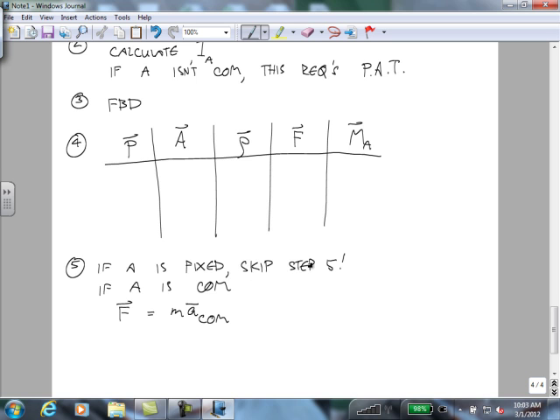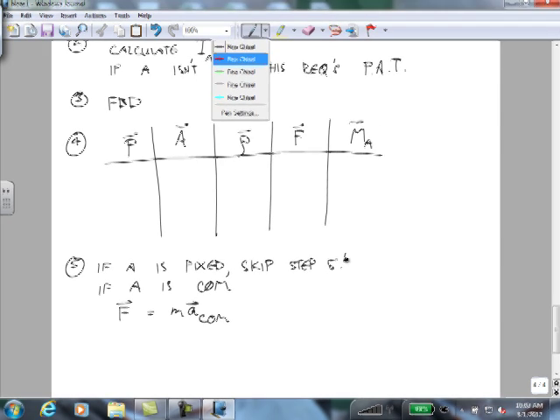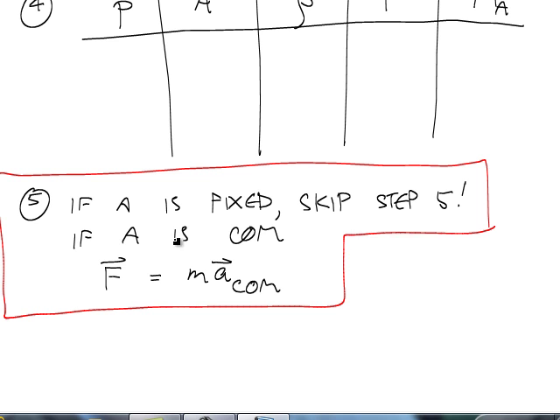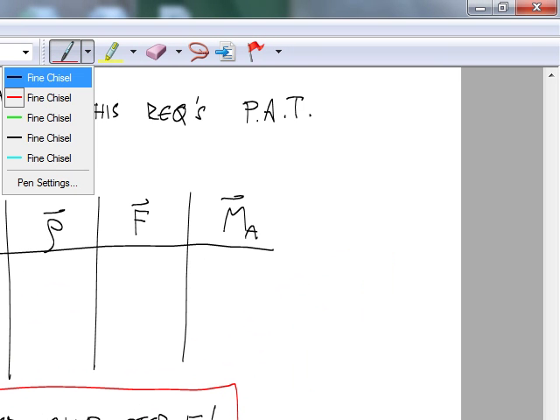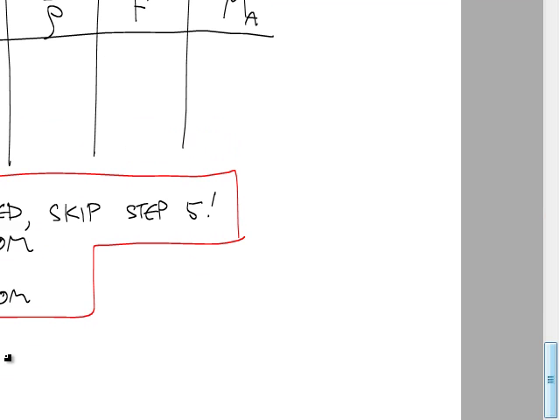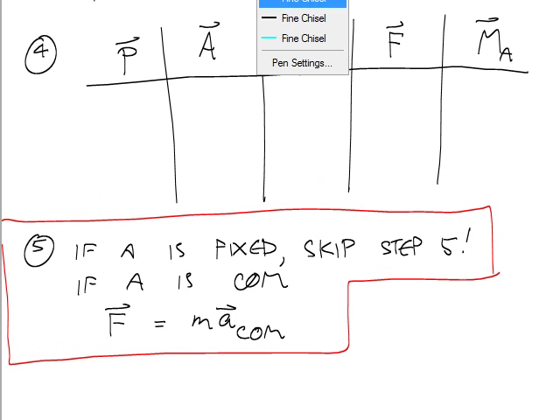Okay, you might need that and you might not. And the forces that appear in the table in this column give you this.